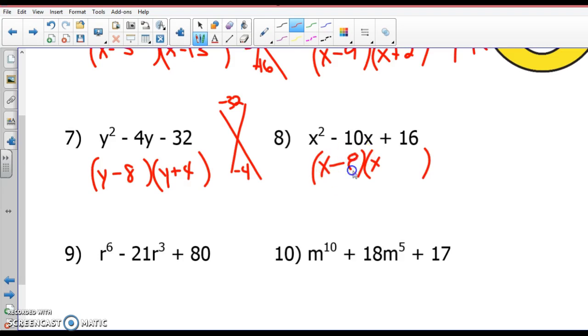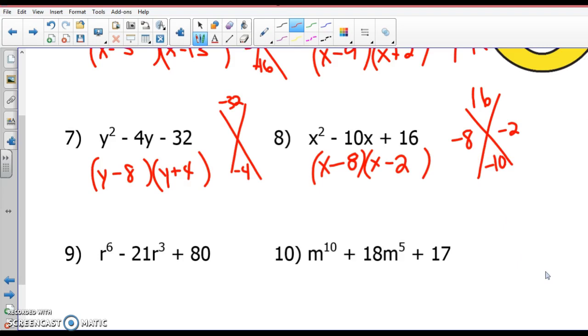Negative 8 and negative 2. If you prefer to do this, feel free. Negative 8, negative 2. Multiply to this, add to that.